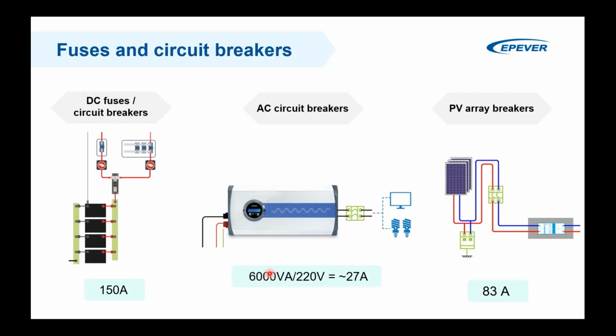Take the surge capacity of this inverter and divide it by the output voltage, and it tells you, okay, I'm going to accept some 30 amps, so I will apply something between 1.2 to 1.5 of this amount. So something like 35 or 36 amps would suffice for this circuit.